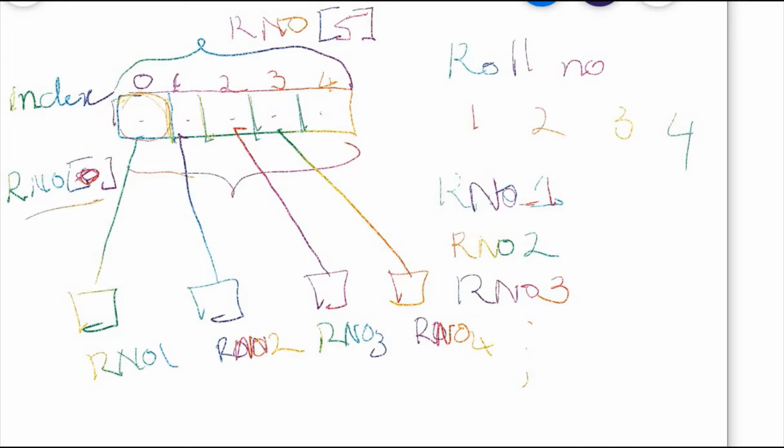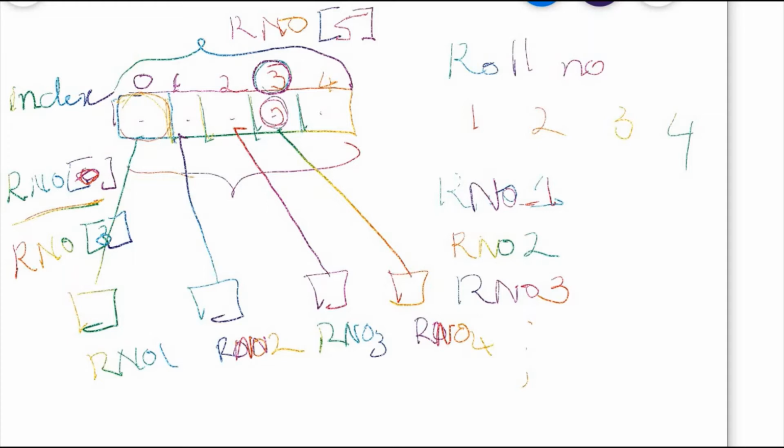When I represent it in this fashion, we can access the first element of the array, that is at the 0th index. Suppose I want to access an element which is stored at this location, how do I represent it? I write it as roll number of 3 in square brackets. So I'll be able to access the element that is stored here.